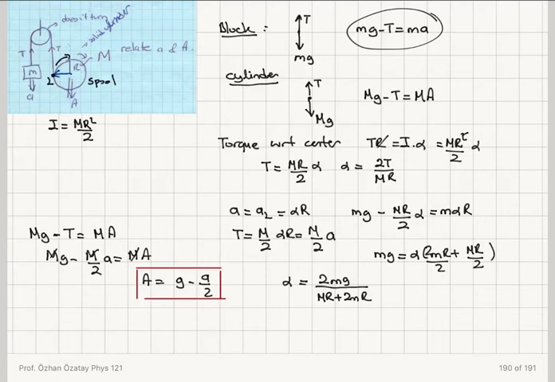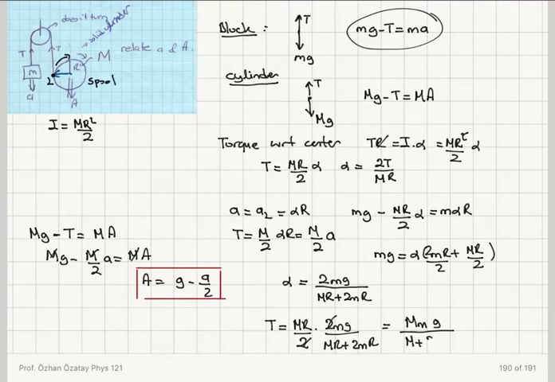But I have done some extra things here. I have calculated alpha, so I can also find, if necessary, the tension acting on this string. So tension is M R over 2 times 2mg over (M R plus 2mR). So the 2's cancel.